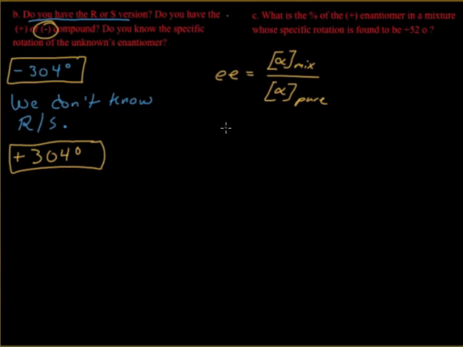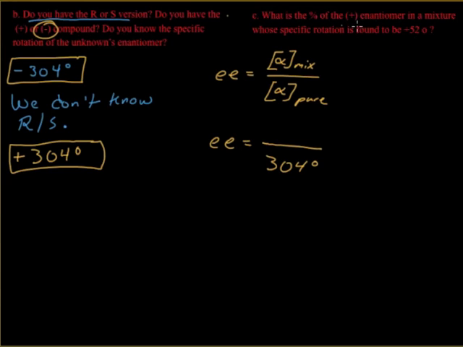Okay, so we know from part A that the specific rotation of the pure enantiomer was 304 degrees.